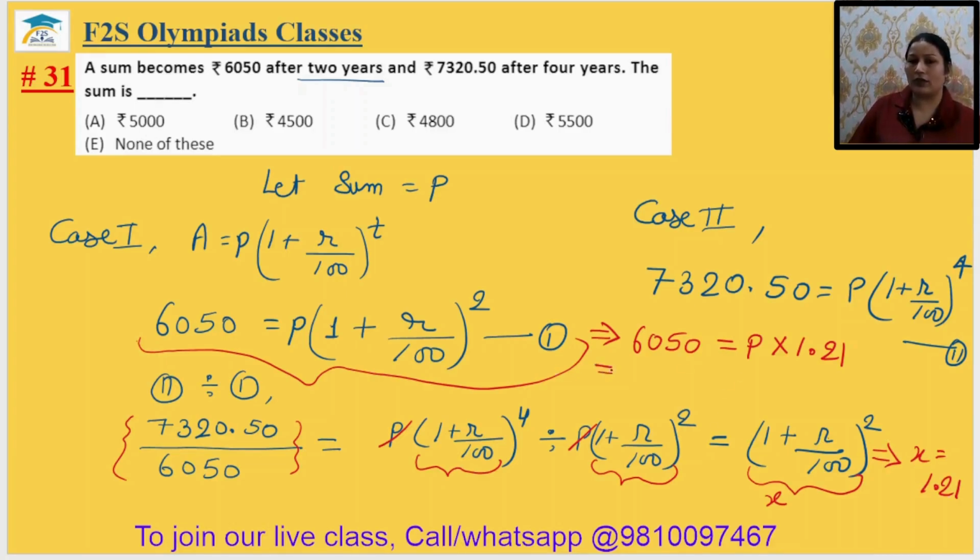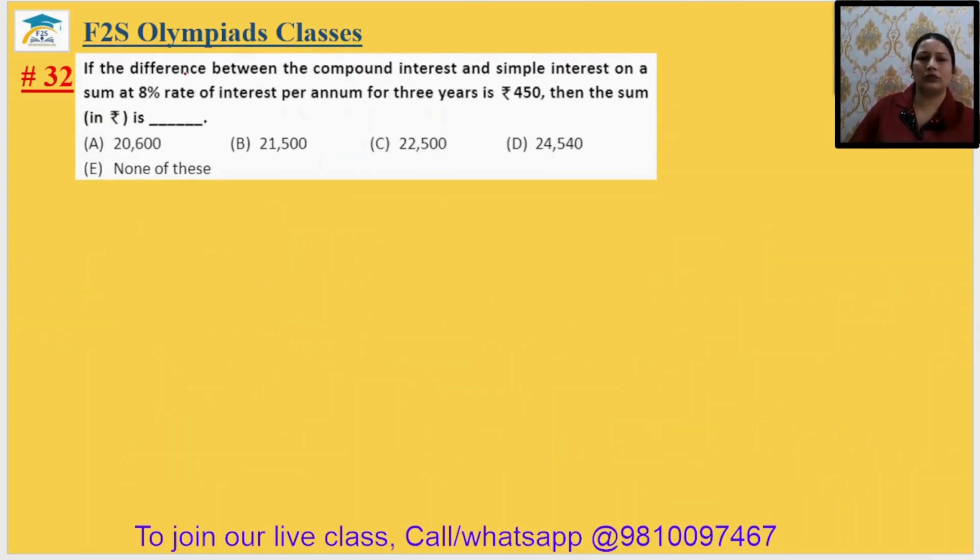In this way we can find P equal to 6050 divided by 1.21, so you will get 5000. It is in option number A. 31 answer is option A.